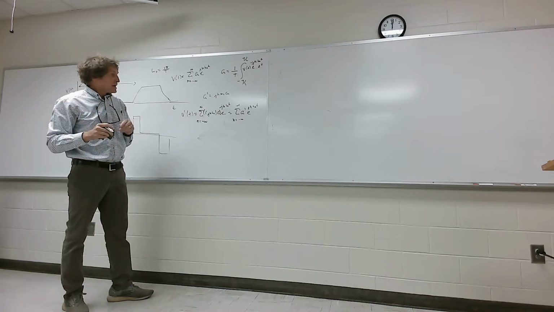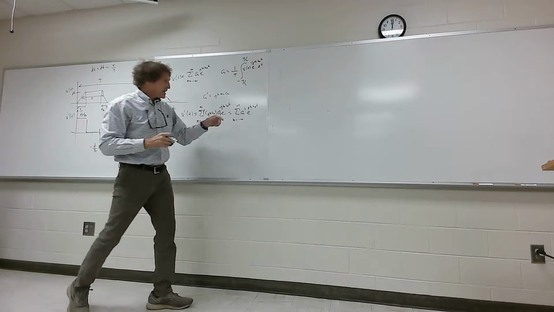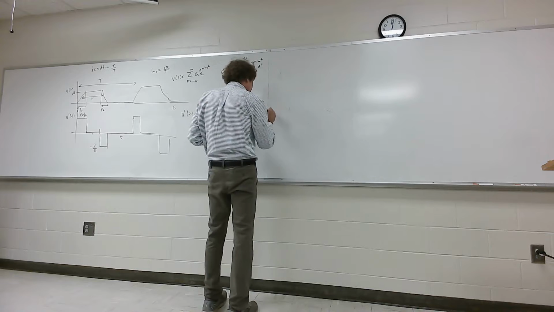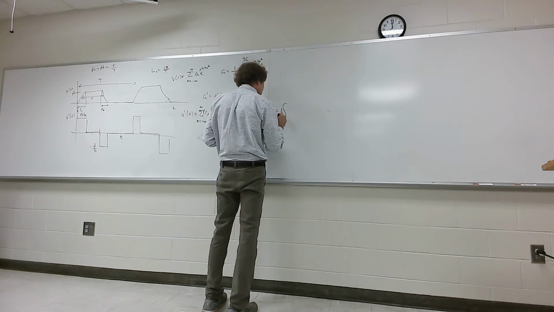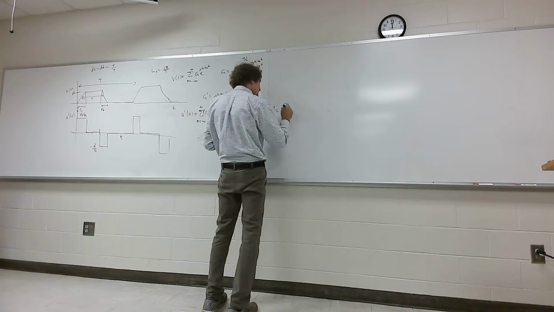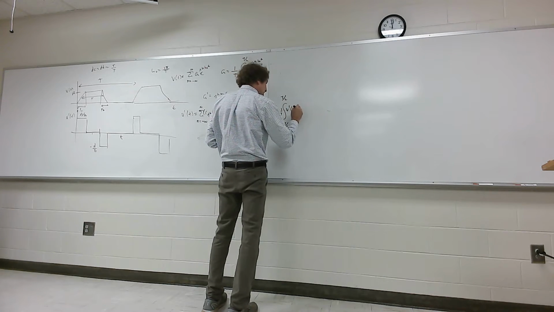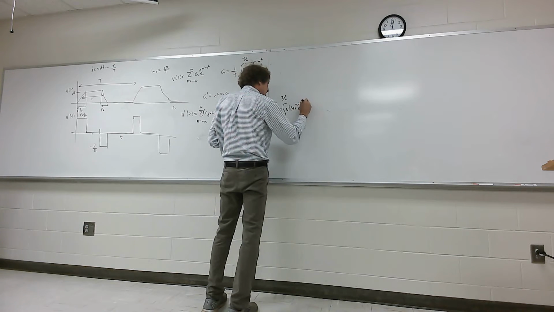Since it is periodic, c of n prime is 1 over the period, from minus T over 2 to T over 2, of v prime of t times e to the minus jn omega naught t dt.